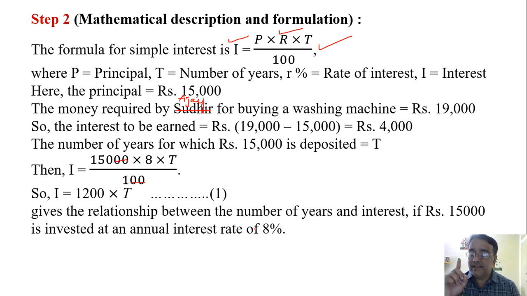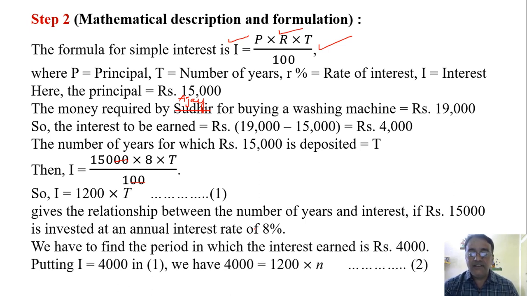Now we have to find the period in which the interest earned is rupees 4,000. So we'll put the value of I as 4,000 in this formula, and we'll get the final equation, 4,000 is equal to 1,200 into T.